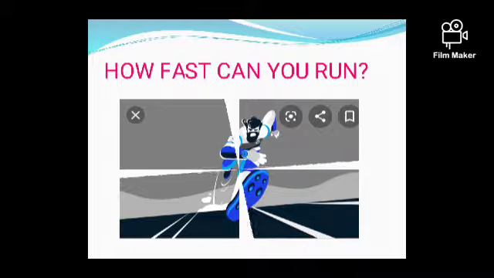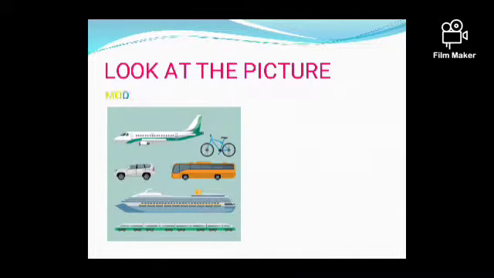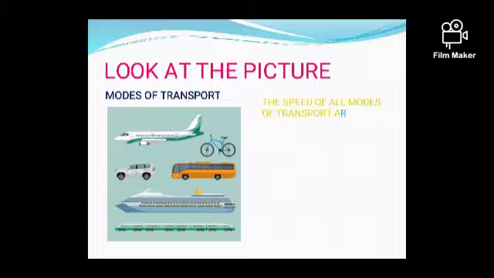Now some pictures of different modes of transport that we are using in our day-to-day life. You might have seen different modes of transport: aeroplane, bicycle, car, bus, ship, and bullet train.